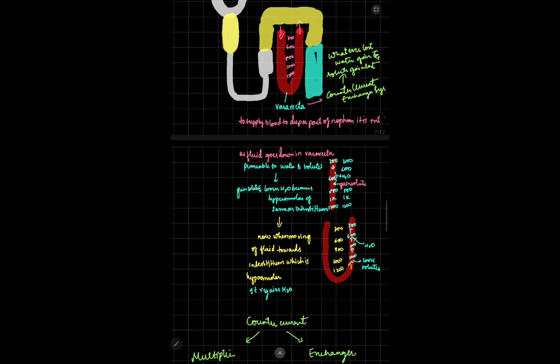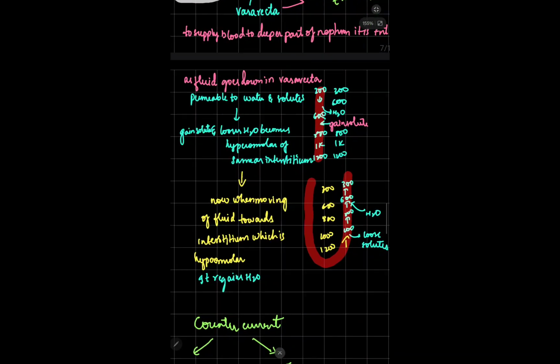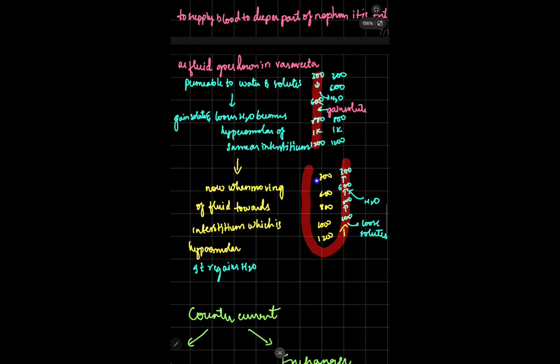Now while moving back up, the fluid travels towards hypoosmolar conditions. When the fluid moves upward, it is exposed to the hypoosmolar fluid, so it starts gaining water back to make it equal to 300.